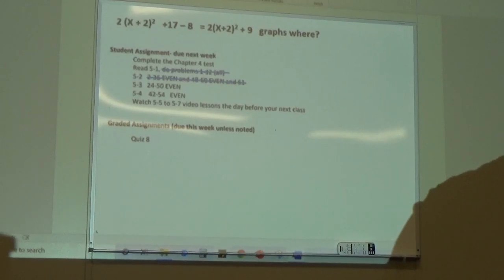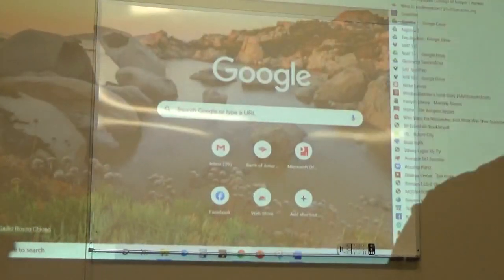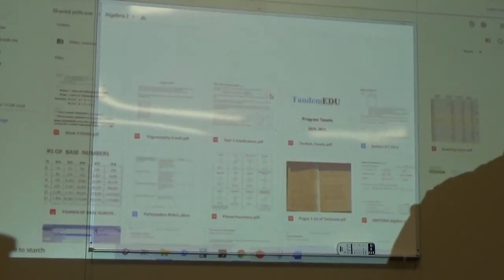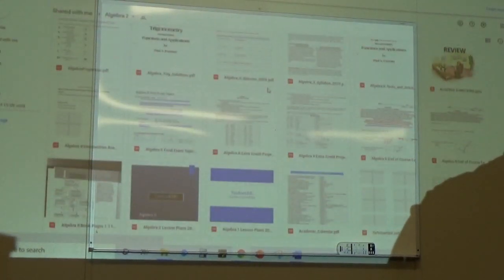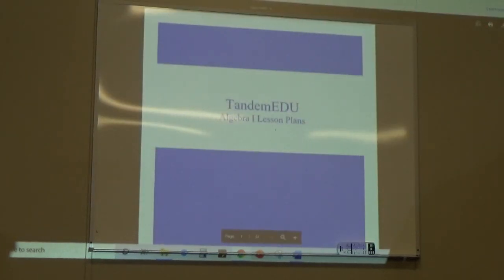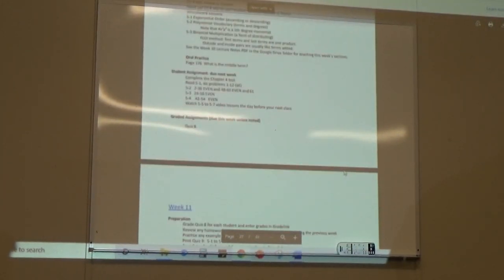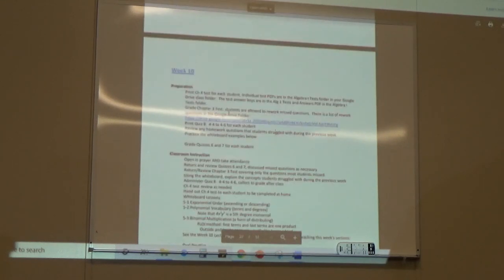Let me check something. That's what it says. No, but this is Algebra 1.